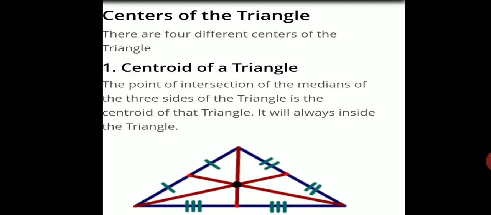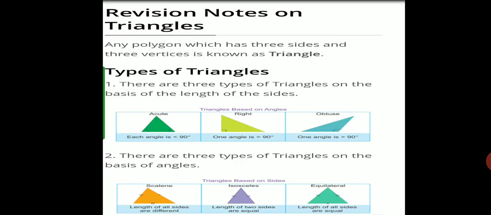And you can also define a triangle as a plane figure bounded by 3 line segments, which we have not written here. It has 3 sides, 3 angles and 3 vertices. As you know, you have already studied this in previous classes.